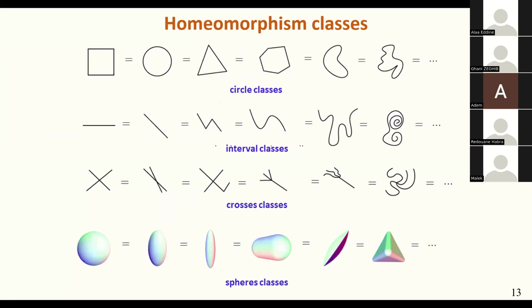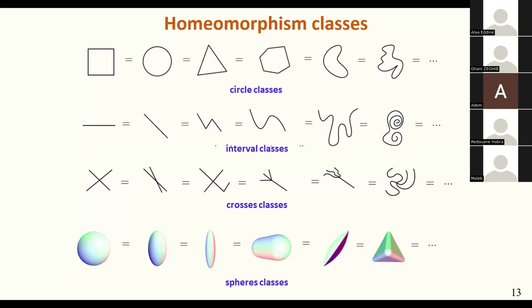Using this homeomorphism, we can classify shapes into homeomorphism classes. So we have the class of circles, the class of intervals, the class of crosses, the class of spheres. The spaces in the same class are said to be homeomorphic.